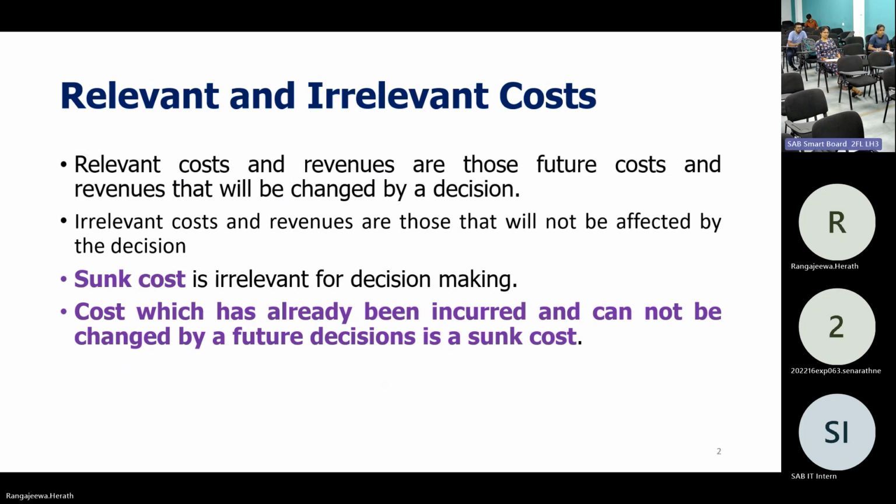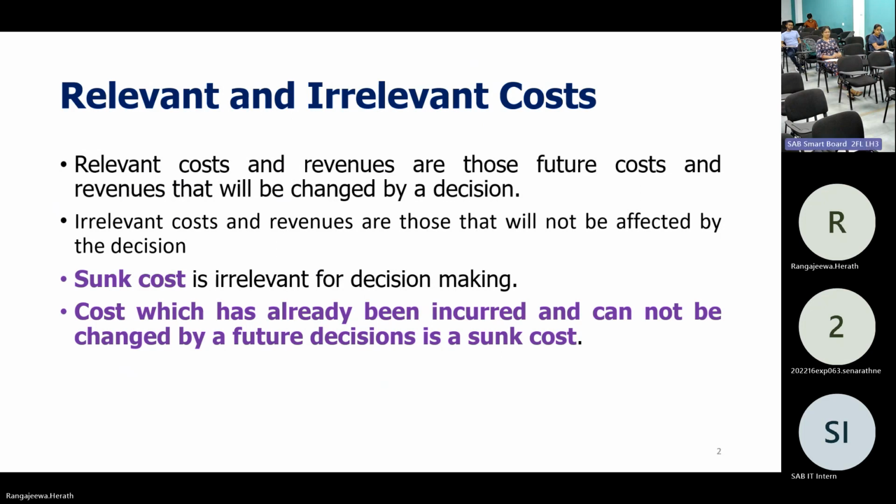First one is the sunk cost. Sunk cost is irrelevant for decision making. What is sunk? Cost which has already been incurred and cannot be changed by a future decision is a sunk cost. For a business organization, for example, the material we have already purchased.